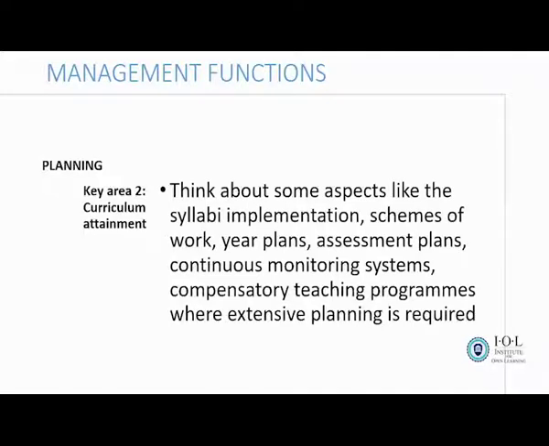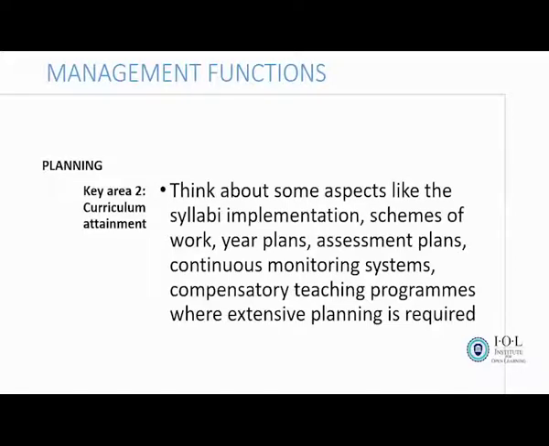Those are very important tools of planning for you to implement the curriculum effectively. Think about the assessment plans. You cannot just go on and on and on. You need to know, when do you do your assessment? More especially, we know that towards the end of every trimester, you need to give an assessment of what you have done in that trimester.